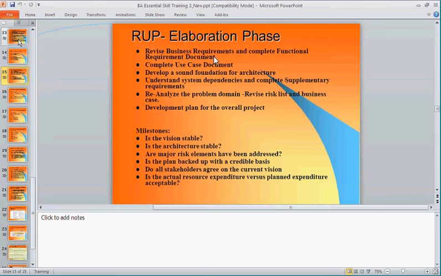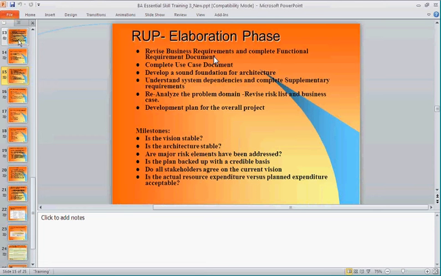Now in the elaboration phase, again, I must also elaborate on the risks. So we had a certain set of risks going into the project, right? What have we done to eliminate those risks? Our requirements should reflect those tasks, those activities that we've done.